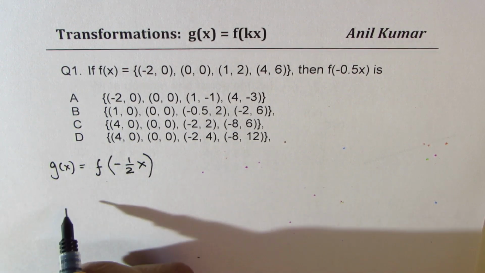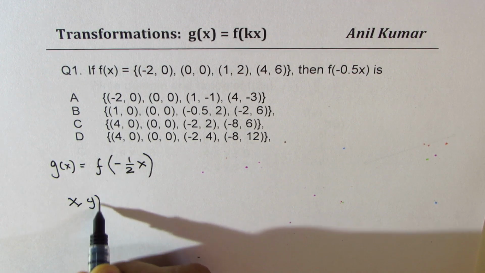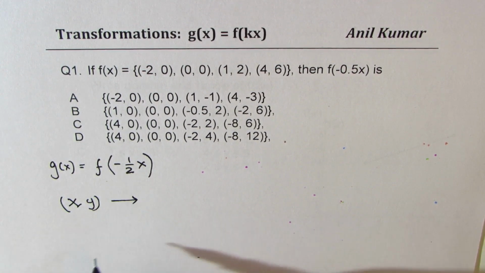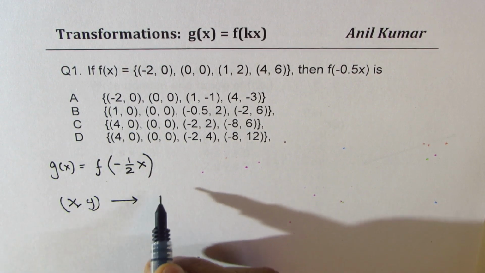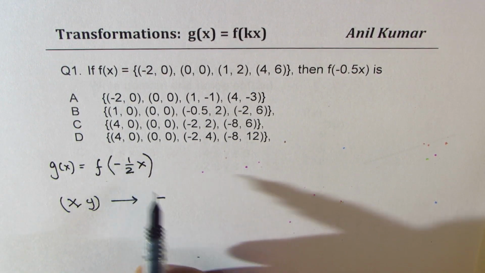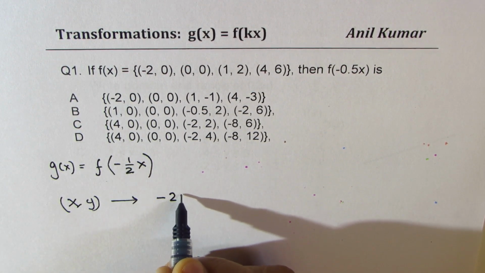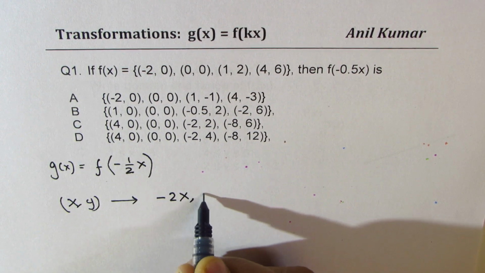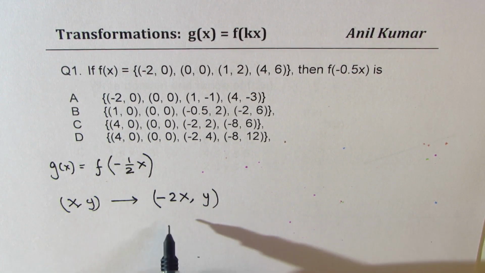Now the transformation will be that each coordinate point x, y will now be transformed. The x values will become negative. The reciprocal of half is 2, so this should be multiplied by 2. So the x values get multiplied by 2, y remains the same, right?